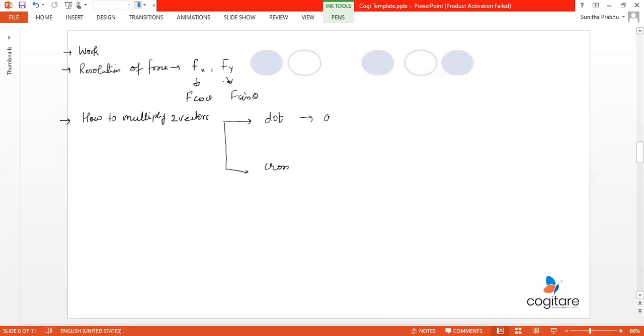Dot product, I will say A dot B. Cross product, I will say A cross B. The definition of dot product is modulus of A, modulus of B, cos theta. Cross product is modulus of A, modulus of B, sine theta into n cap.